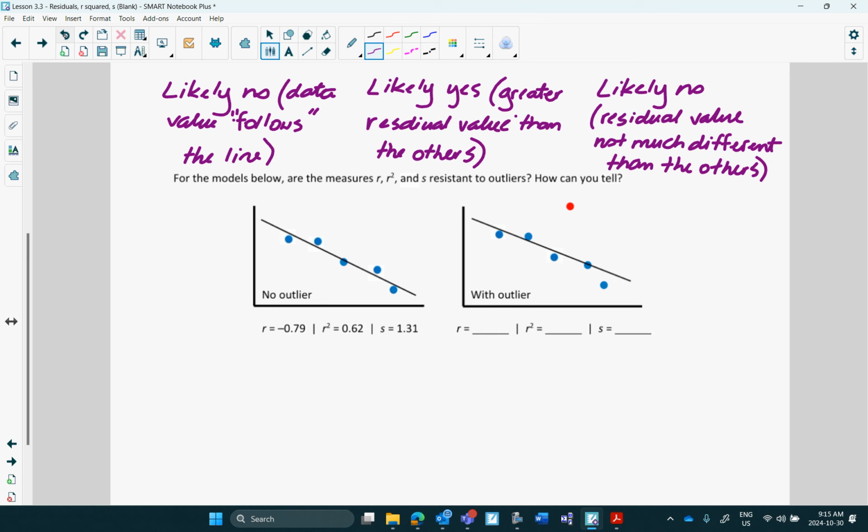What do you think is going to happen to R if we introduce this outlier? It's going to get closer to zero, right? Because it's probably going to pull it up a little bit like this, so this is going to increase. And actually it becomes negative 0.61.